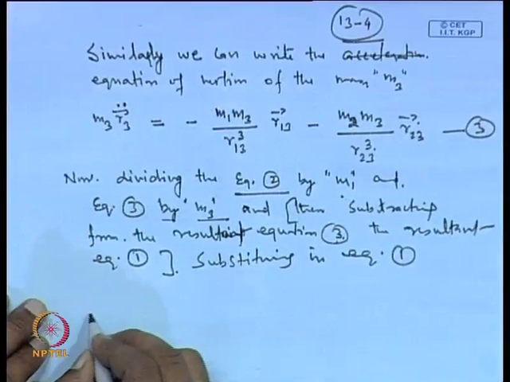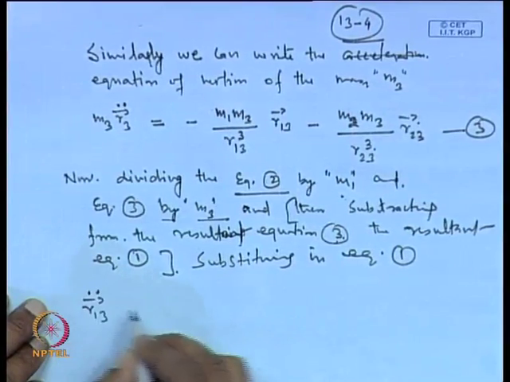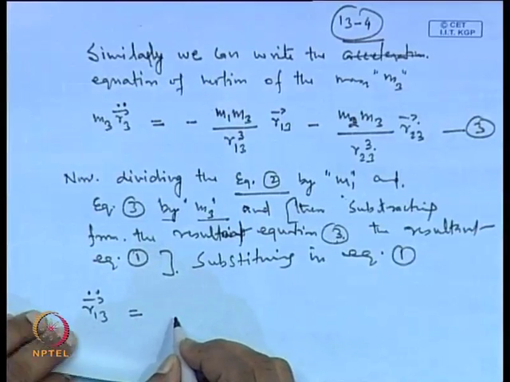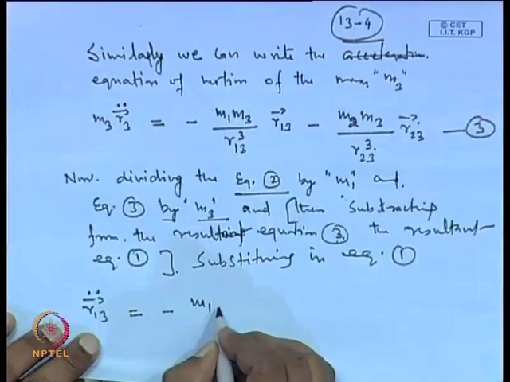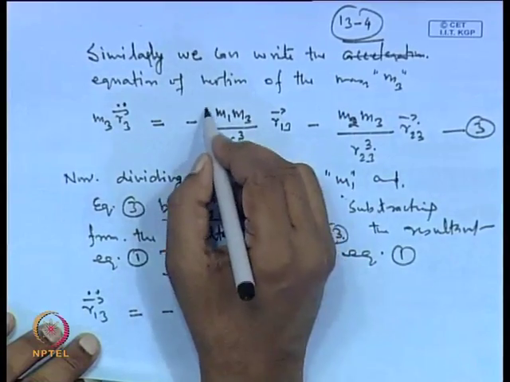So, what we get, r13 double dot, this will be equal to minus m1, here G is missing.